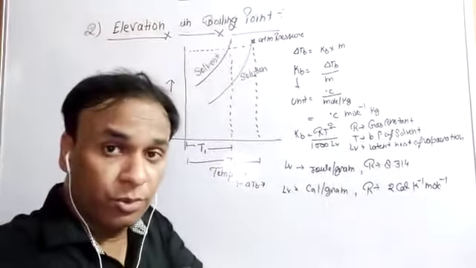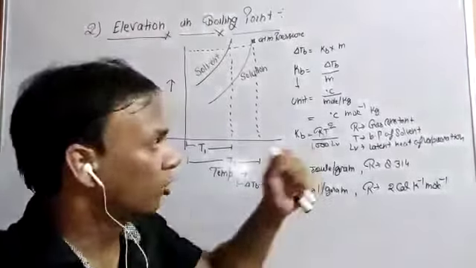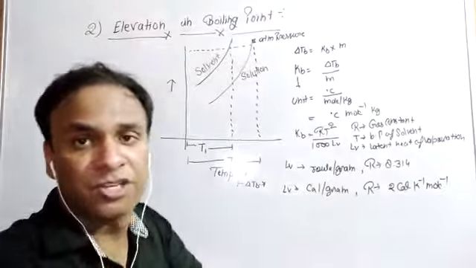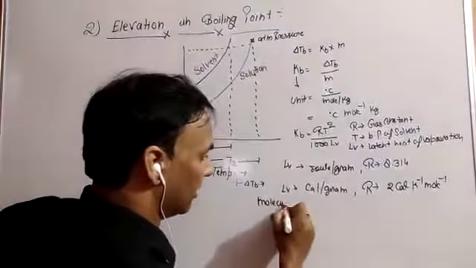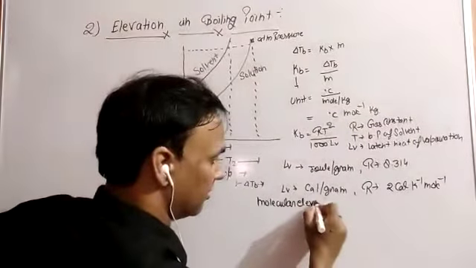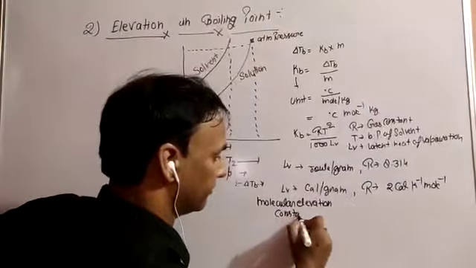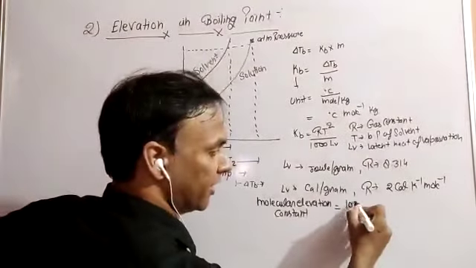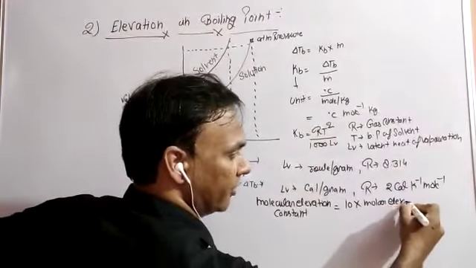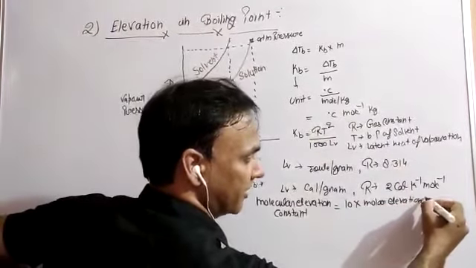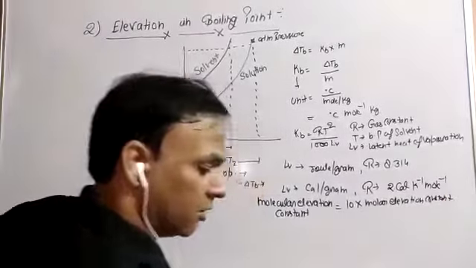Clear? Now when we discuss the molecular elevation constant and the molal elevation constant, the relationship, listen: the molecular elevation constant is equal to 10 times the molal elevation constant.